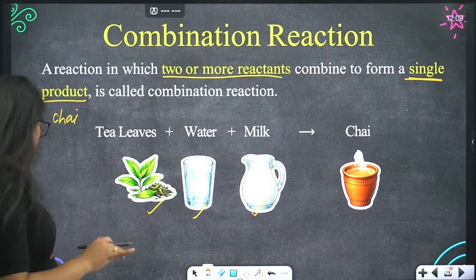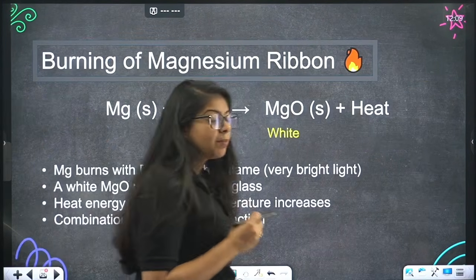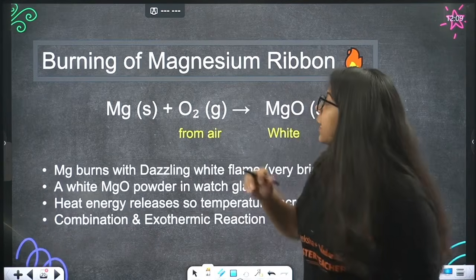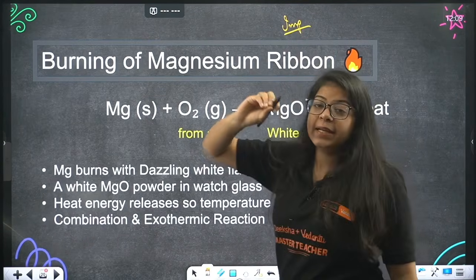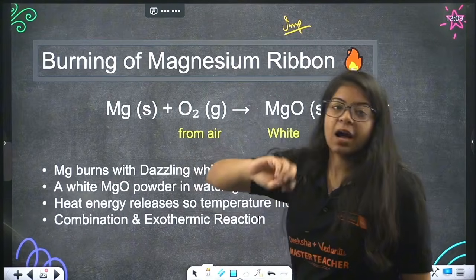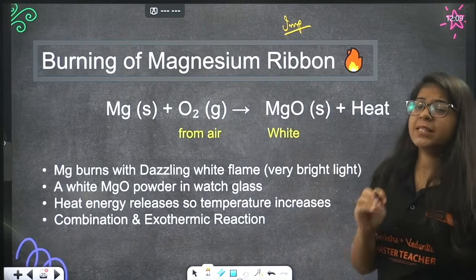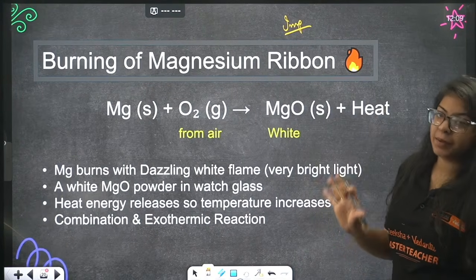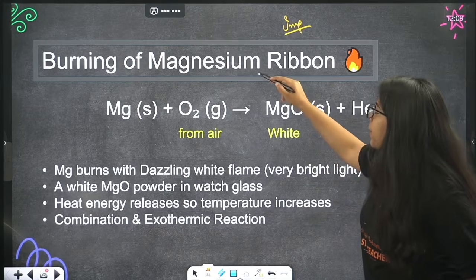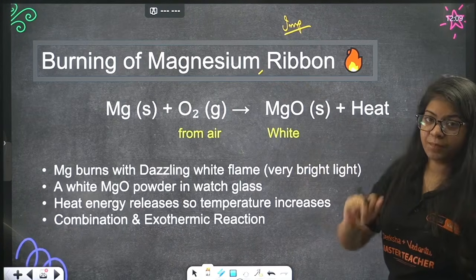Done? Okay, now beta, about this combination reaction we have some examples, very important, which will definitely come in your exams, and it can come in your PD test and half yearlies as well. Okay, so we have to learn some of these examples. First is burning of magnesium ribbon. What is that? It's simple magnesium. Okay, we have a ribbon of magnesium, right?